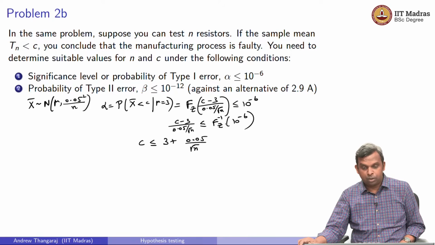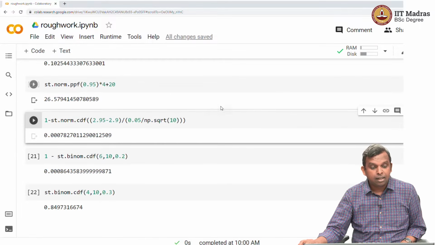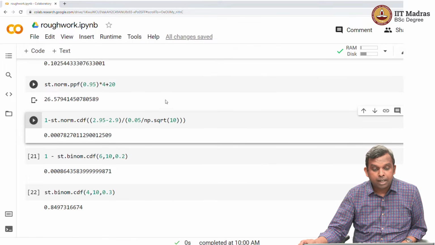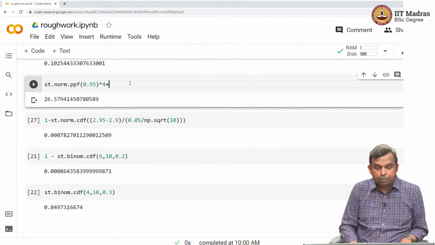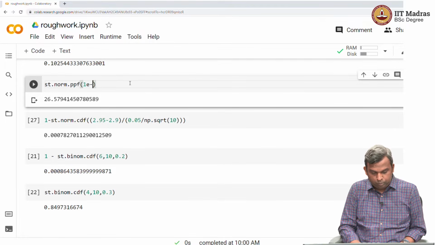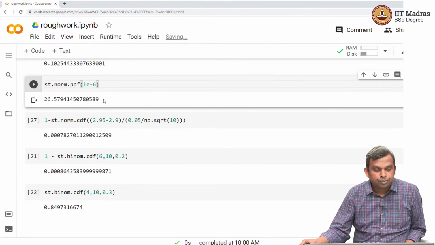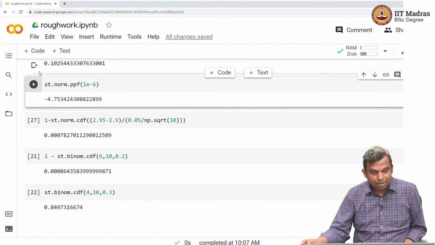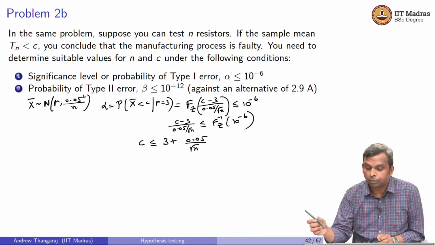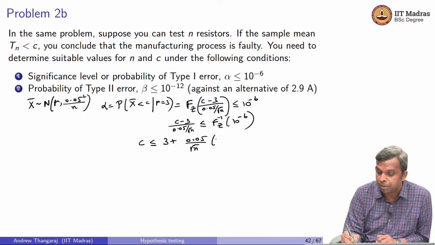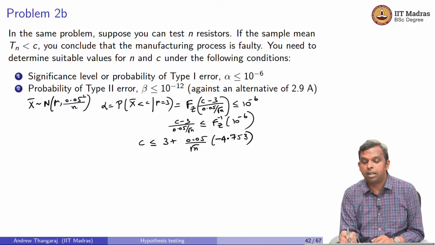Let's just do that, instead of just carrying on with that. That will work out to some minus 4.753, times minus 4.753.